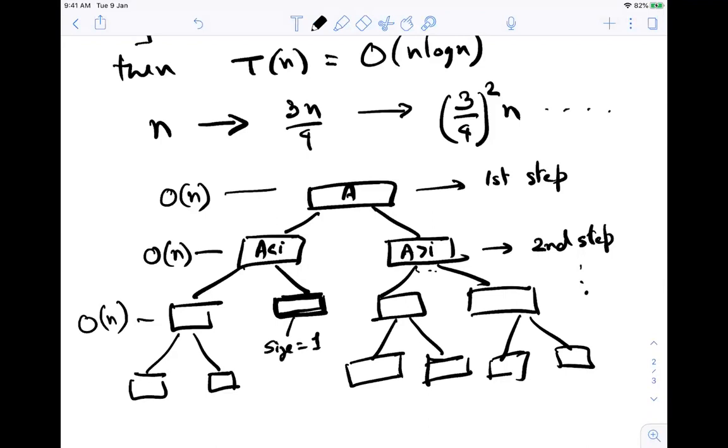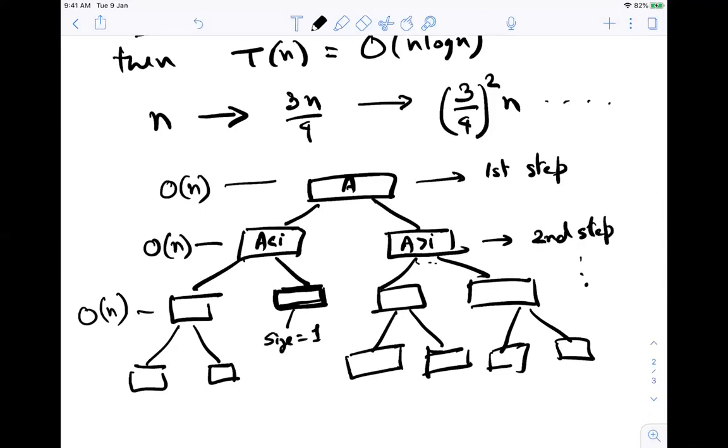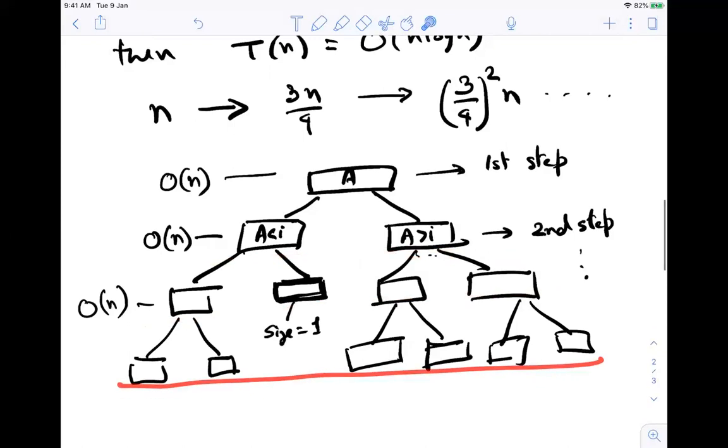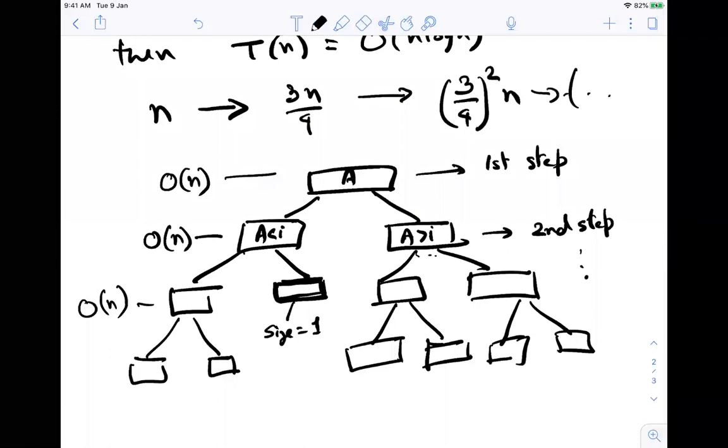So, if I can guarantee you that at every round, the maximum size of the array in each layer, okay, so this is a layer. In layer 1, what is the size of the array? It is at most 3n by 4. What is the size of the array here? It is 3 by 4 whole square times n. What is the size here? The maximum size of the arrays in this layer will go down to 3 by 4 whole cube times n.